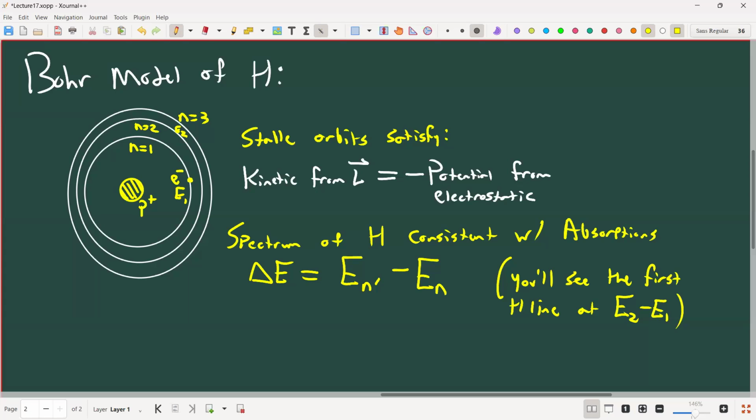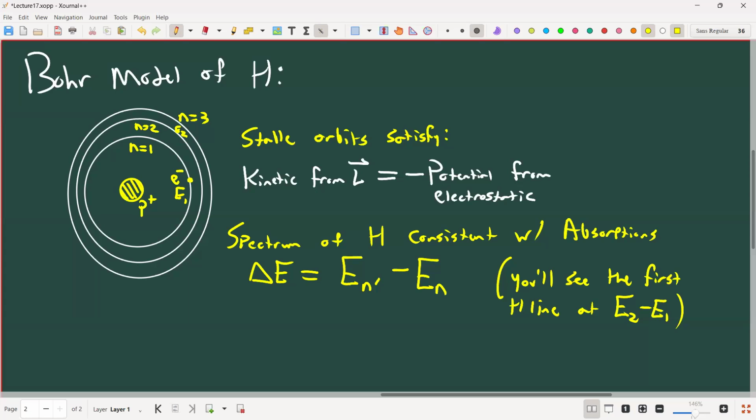But the problem with Bohr's model is the kinetic energy. These states are where the kinetic energy from angular momentum is equal and opposite to the potential energy from electrostatic attraction. You always have potential energy. This is always non-zero. It's always attractive. And so that means that the angular momentum always has to be a non-zero amount.